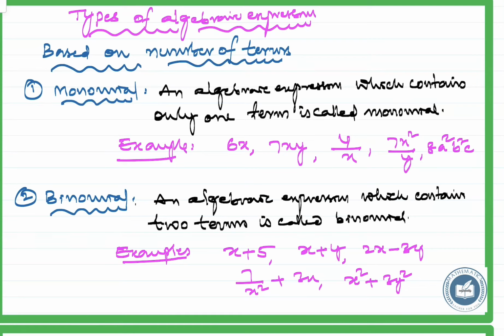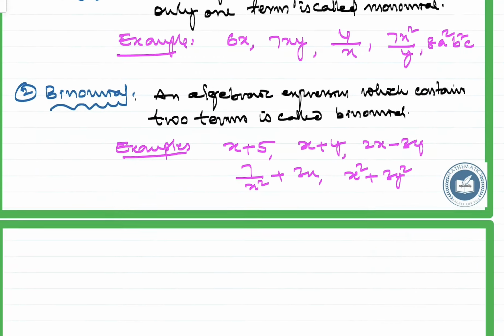The third one is trinomial. In this, first we have to write what a trinomial is. An algebraic expression which contains three terms is called trinomial.